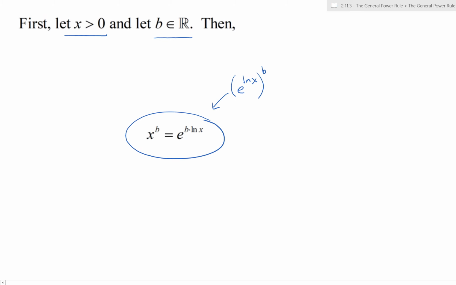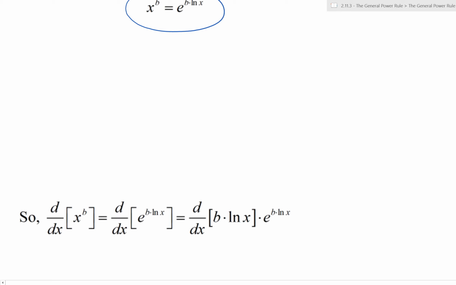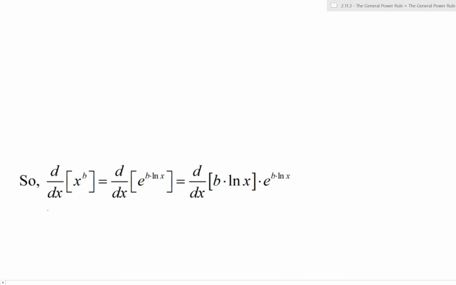Now, having said that, we can then find the derivative of x to the b, keeping in mind that b is just any real number here. Well, that's the same thing as the derivative of e to the b times ln x power.